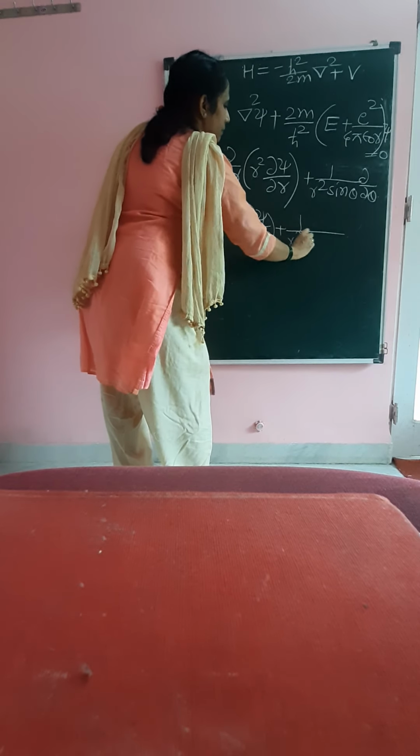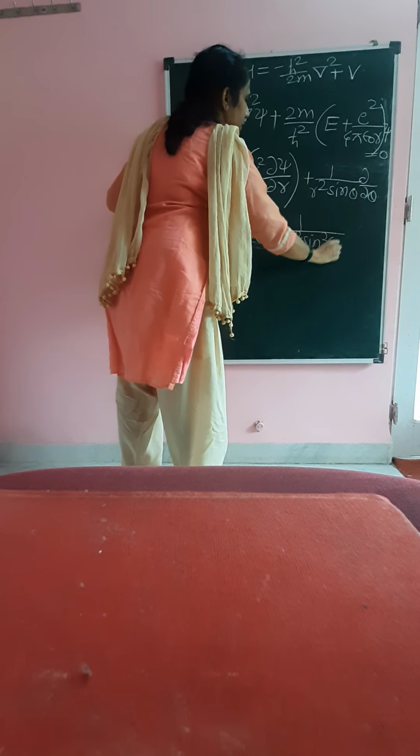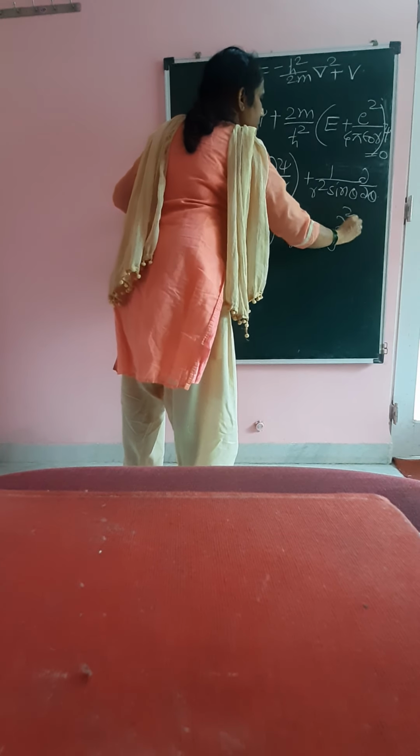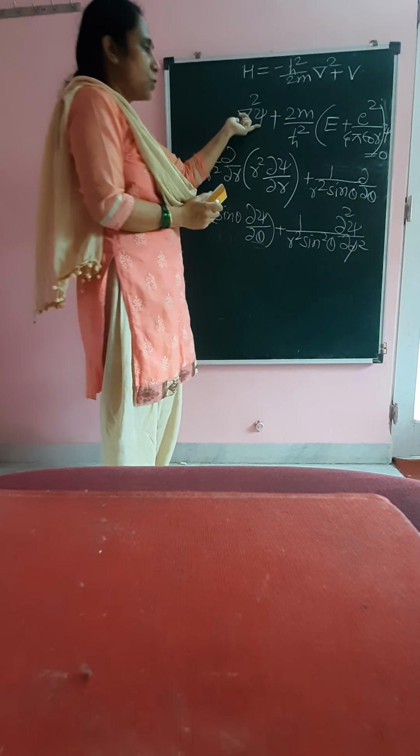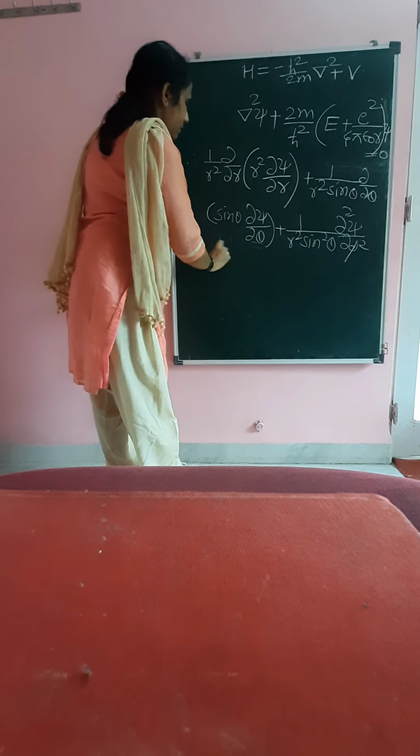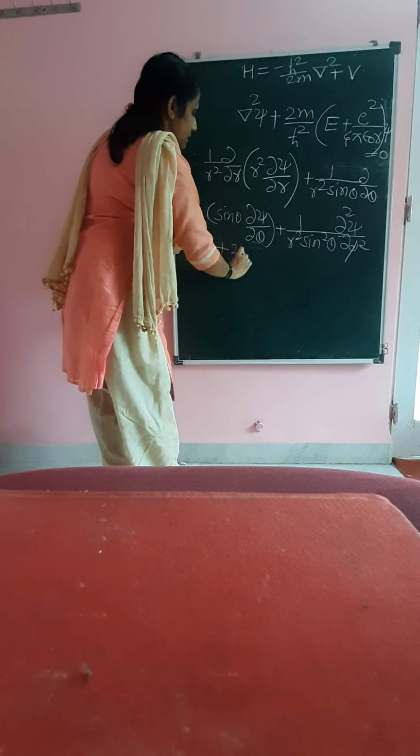Now it will be 1 by r square sine square theta dou square psi by dou phi square. This is now only the first term. Then we have to write down the second term.